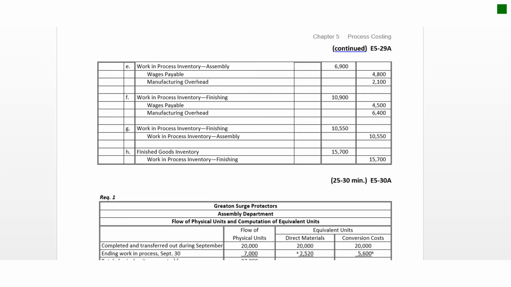And then on the last part, notice if you look at letter E and letter F, they're basically combining your direct labor and overhead. This is your conversion cost. So of course the wages payable is the direct labor part of it, and then the assignment of your overhead, which is basically allocated overhead. Notice how they're going to be crediting overhead and debiting WIP.